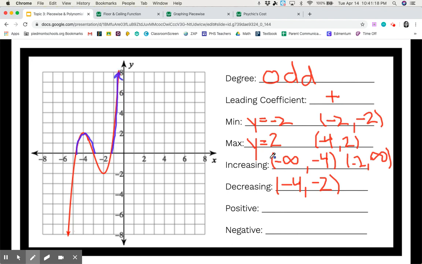Okay, and so one of the things that we've talked about is the number 0. 0 is neither positive nor negative, so whenever I am on that axis, I cannot include that y value. So that y value of 0, or that x value of close to -5 cannot be included.